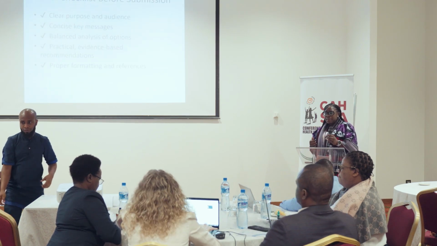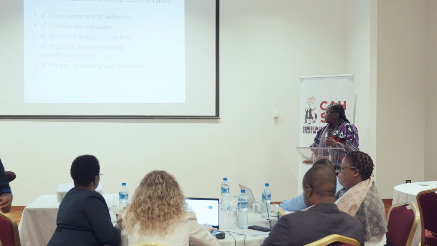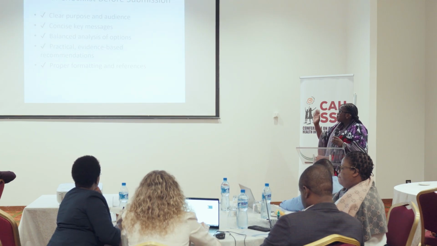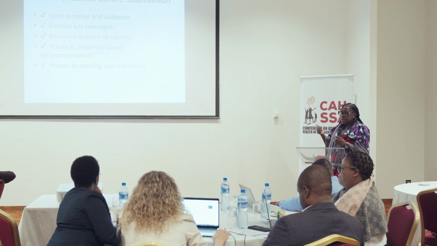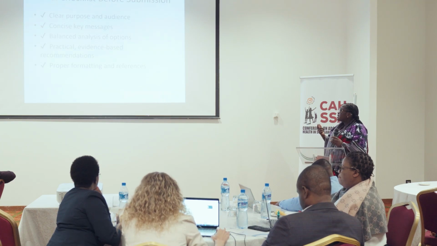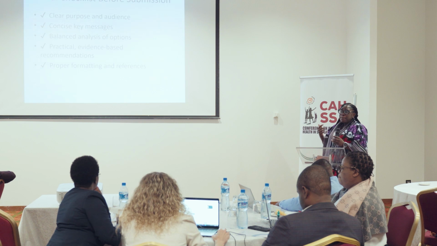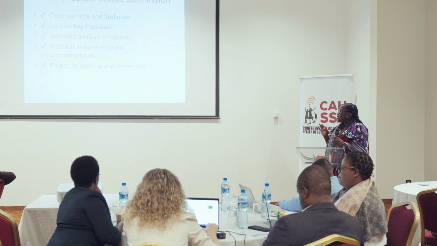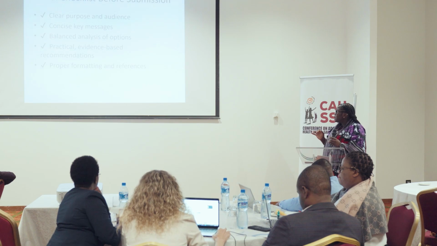If they're not coming from you, you have to acknowledge where they come from. So this would be a checklist, and a very simple one: clear purpose and audience. So who are you addressing it to? Concise key messages, balanced analysis for the options that you are proposing, practical evidence-based recommendations, and proper formatting and references.